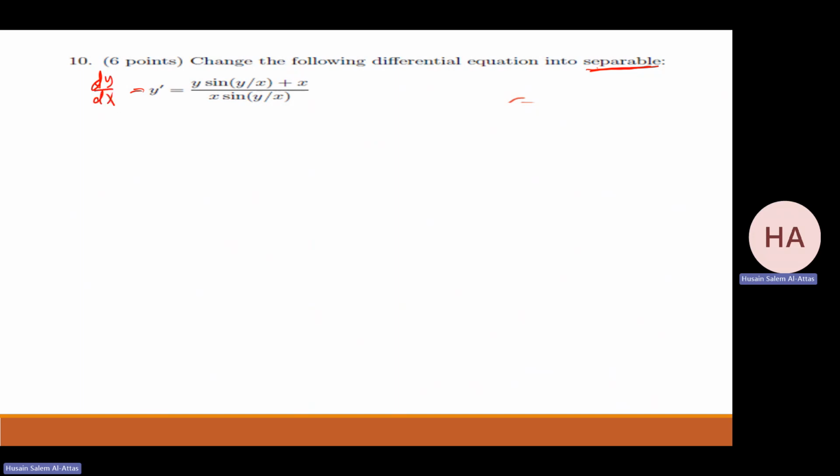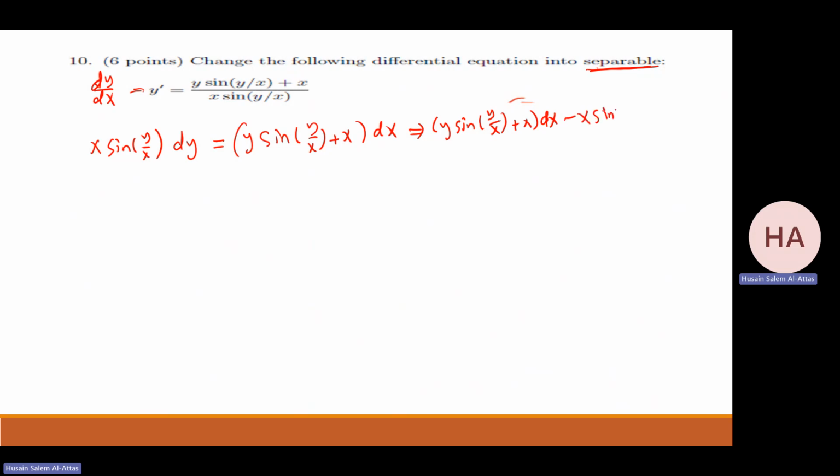So I have x sine y over x times dy equal y sine y over x plus x times dx. In other words, just make it in the format we usually deal with: minus x sine y over x dy equals 0.